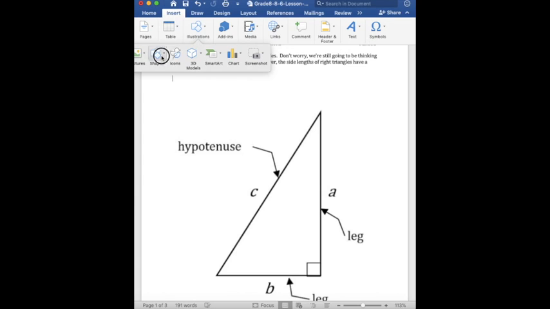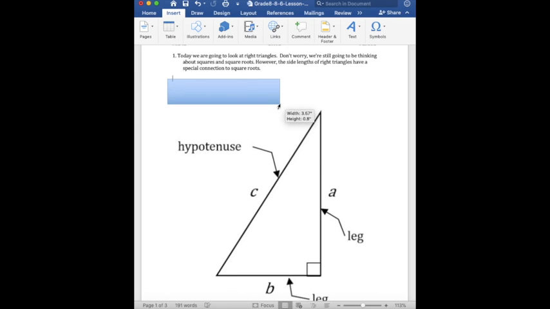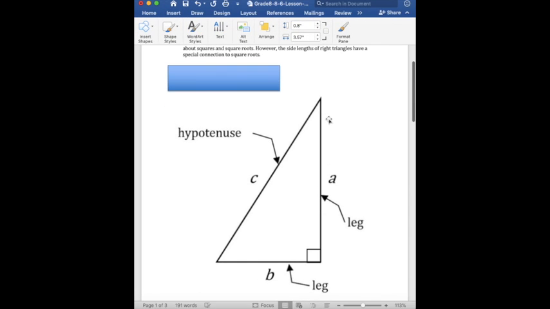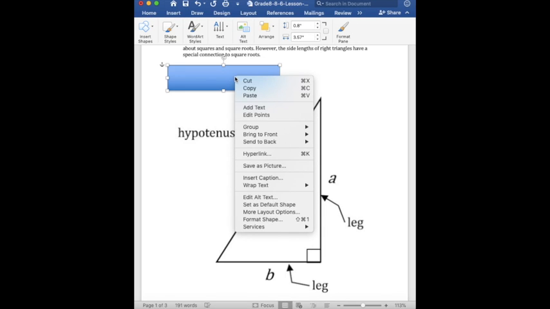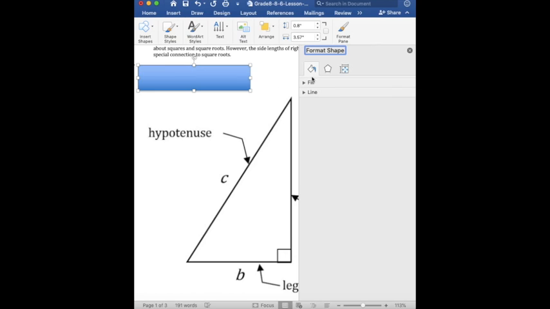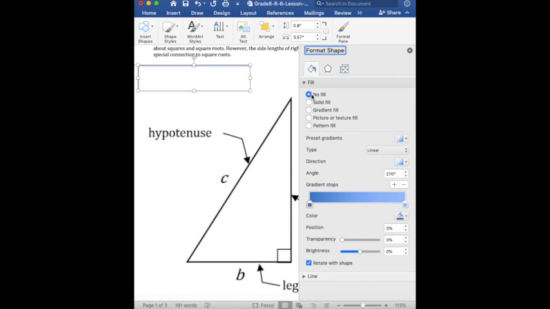The first of them is going to be the names of the side lengths of a right triangle.